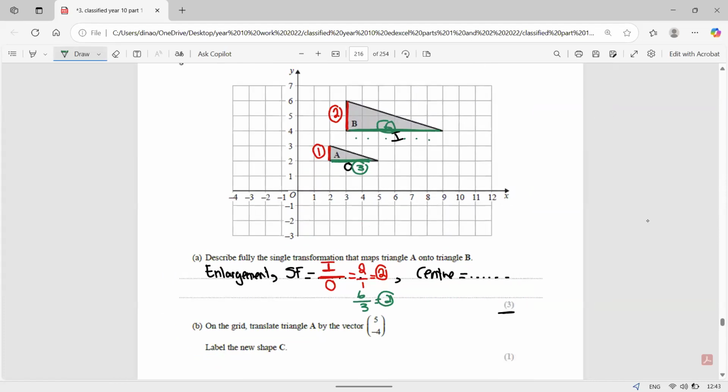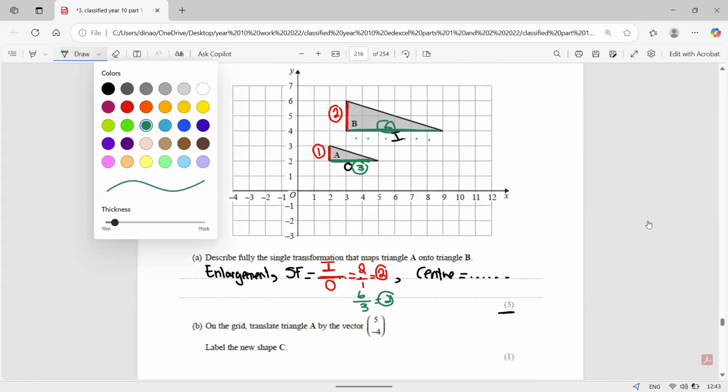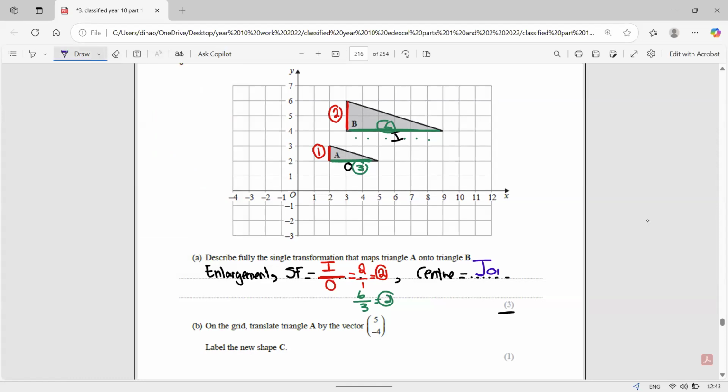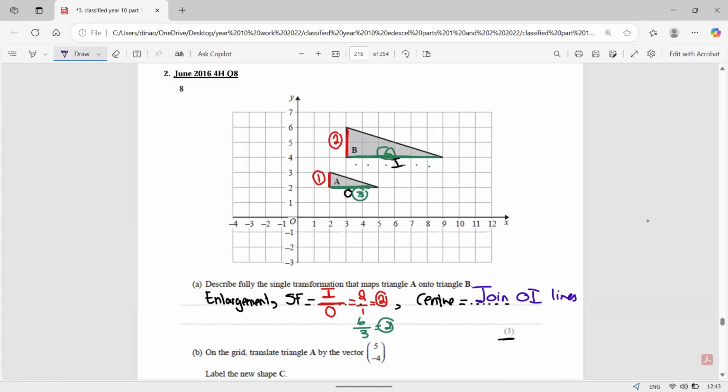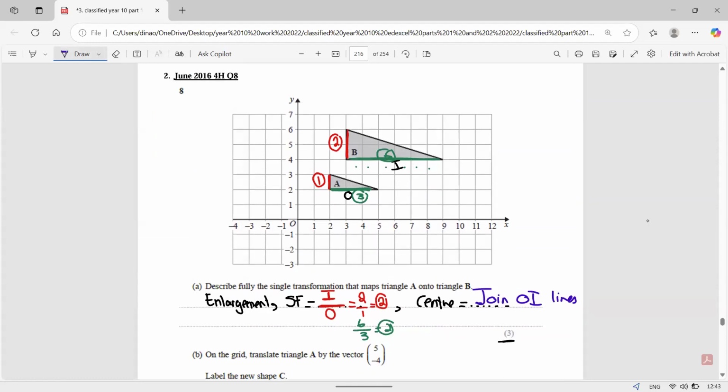How do I find the center? I'm saying here it may not be very accurate because I can't draw with a ruler. To find the center, we join what we call the OI lines. What are OI lines? Pick a point on the object and the corresponding point on the image.